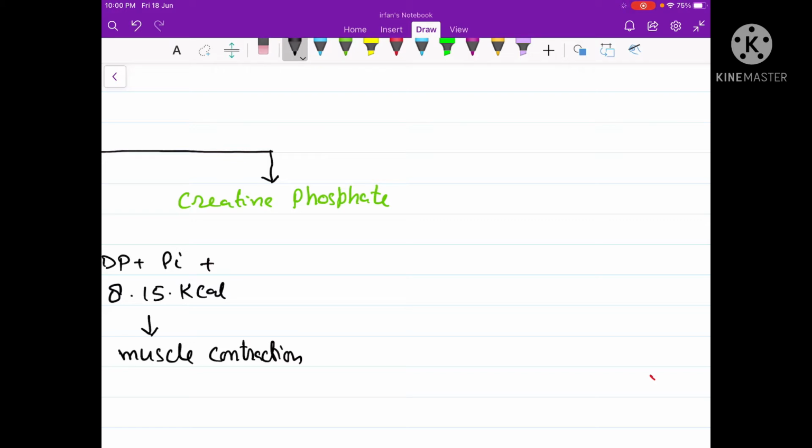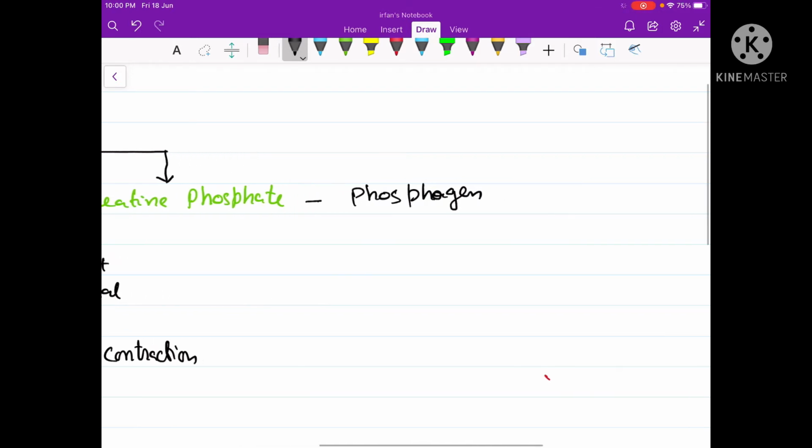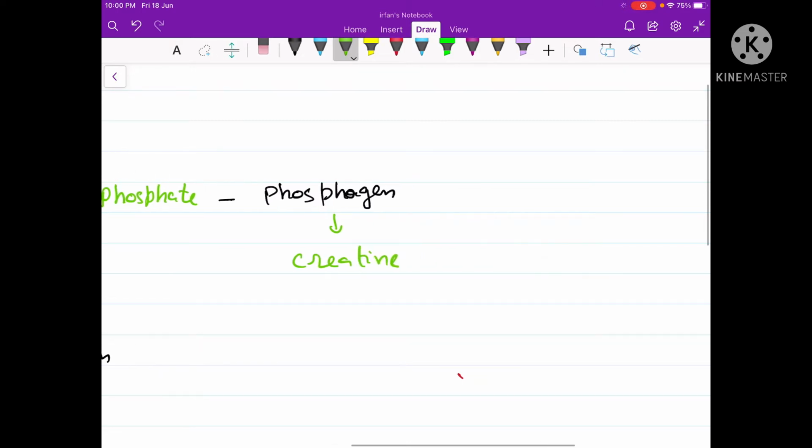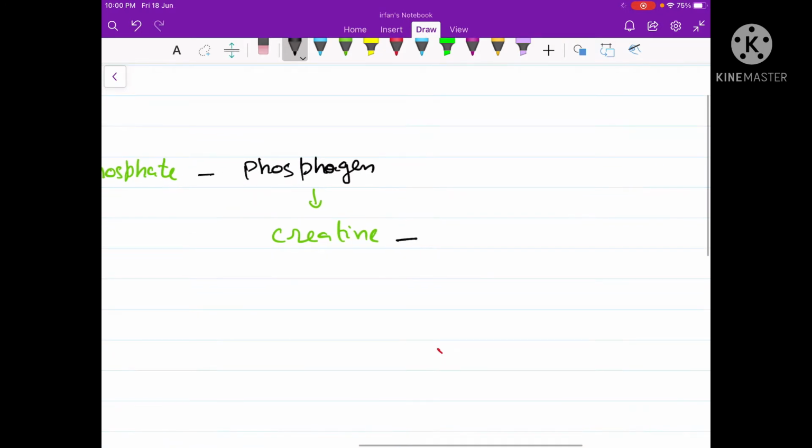Now, creatine phosphate is actually a phosphogen. Now, this creatine phosphate is formed of two molecules. One is the creatine, and creatine is actually a tripeptide which is formed of 3 amino acids.